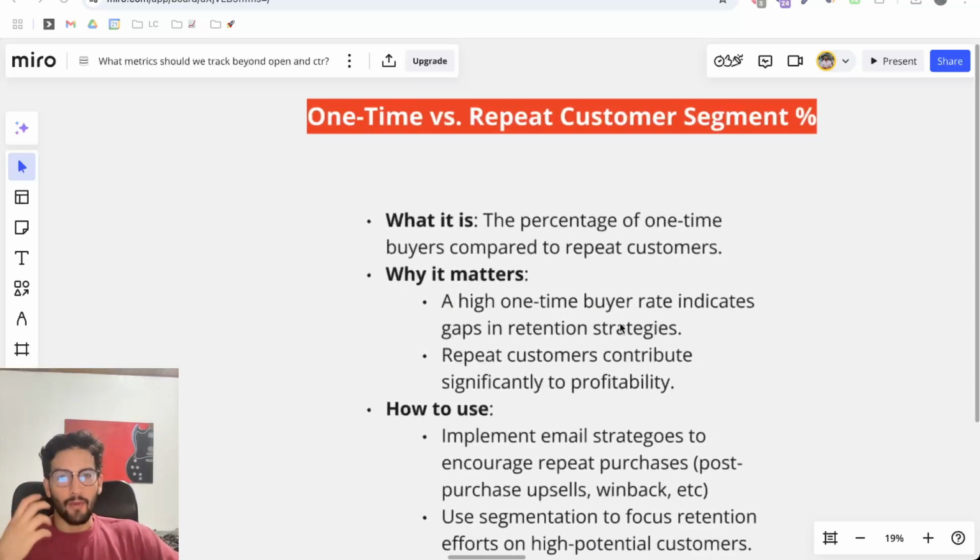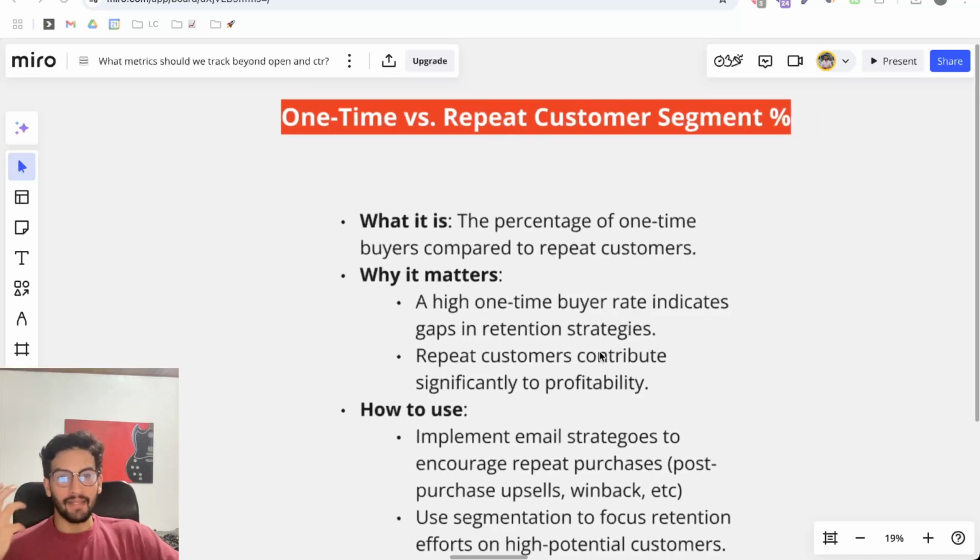Why it matters: a high one-time buy rate indicates gaps in retention strategies. If someone purchases once but never purchases again, there might be a gap there, right? Repeat customers contribute significantly to profitability. As I mentioned in the beginning, having a high, healthy repeat purchase rate is extremely crucial for e-commerce success. That's why, again, this is so important to track.